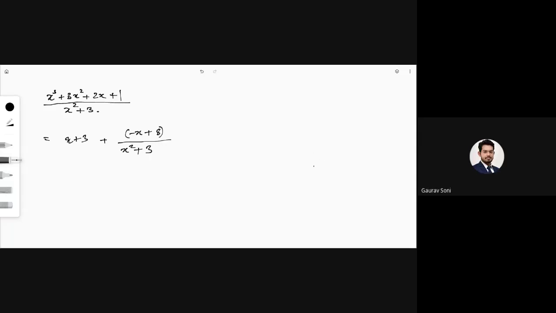Okay. So that will be x cube plus 3x square. Yes. No. Sir, there is a small mistake in my answer. x minus 3 plus 8 plus x plus 8 upon x square plus 3.